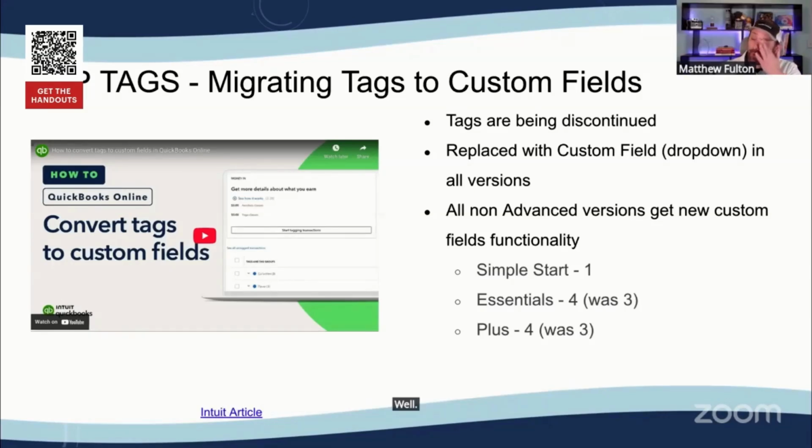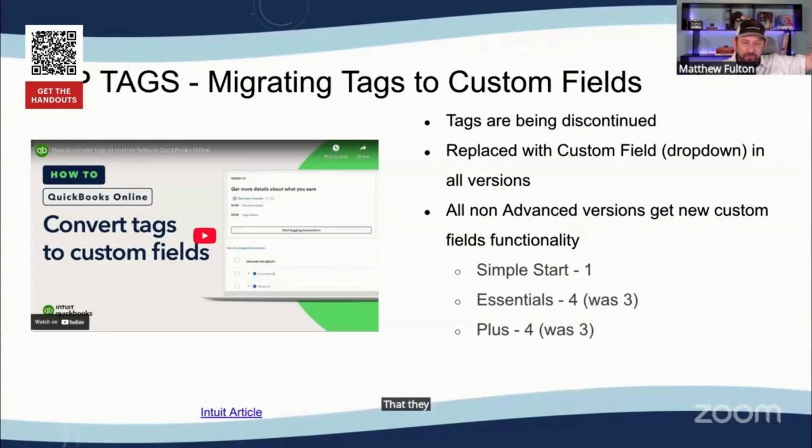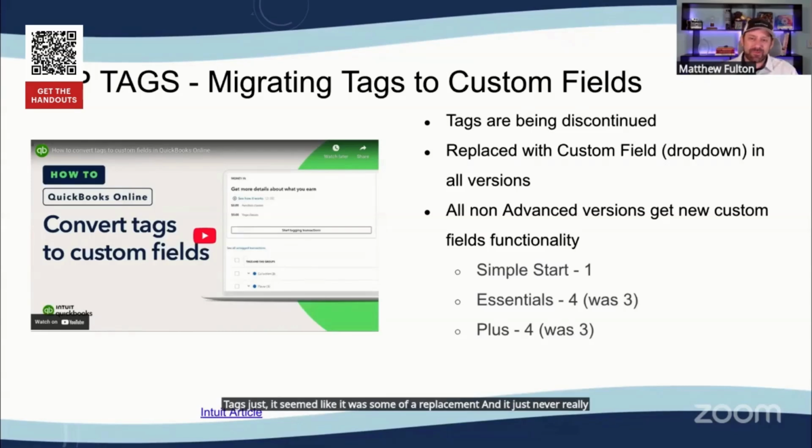Aren't they creating their own graveyard, honestly, by doing it this way all the time? Because if you think about it, I truly never dove in and did a whole lot with tags after getting burned by the classes thing so long ago. They shrunk it down, you had to change it over if you were going to use more classes. Tags seemed like somewhat of a replacement, and it just never really made the most sense to me.